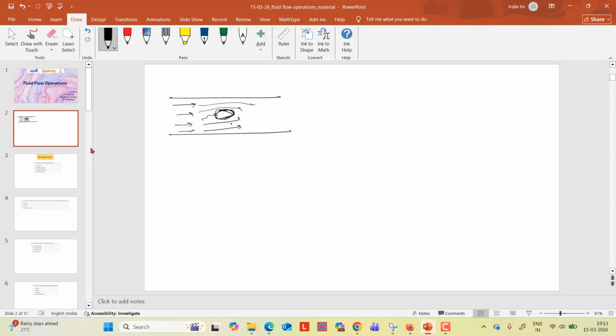This fluid can be of different viscosity and different density. It can be like water, a Newtonian fluid. It can be a non-Newtonian fluid like paste, sand, or highly viscous fluids like honey. And the shape can also change.